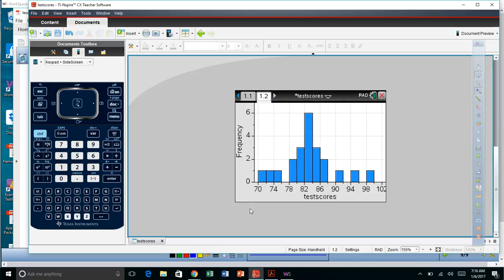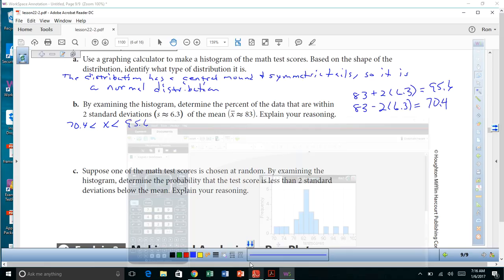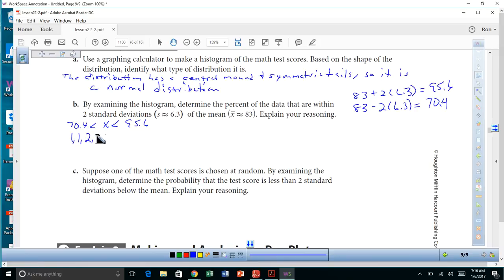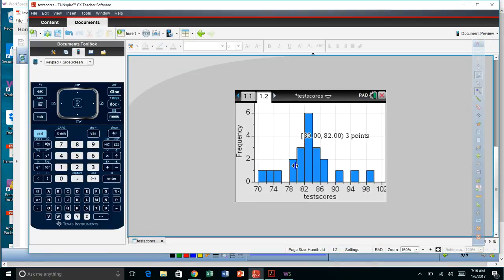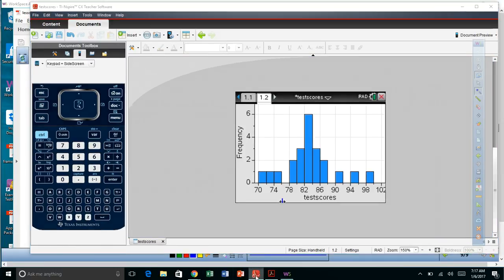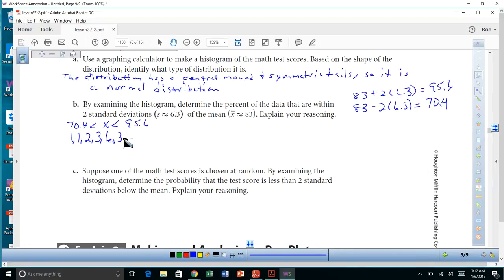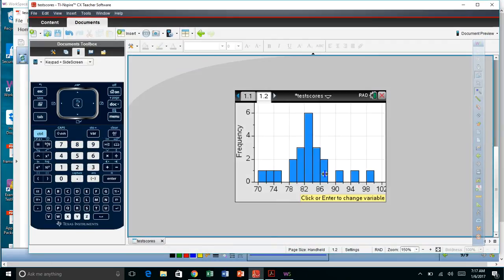Looks like we got 1, 1, 2, 3, and then that's 6, 3, 2, and then 1, 1.